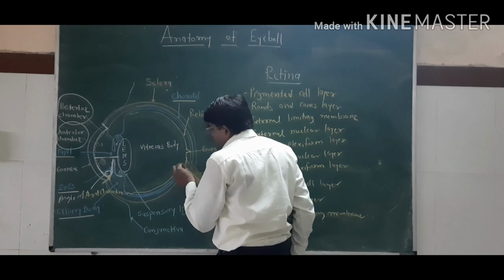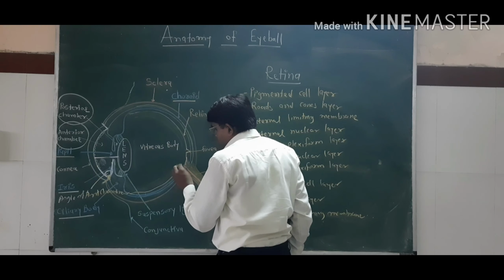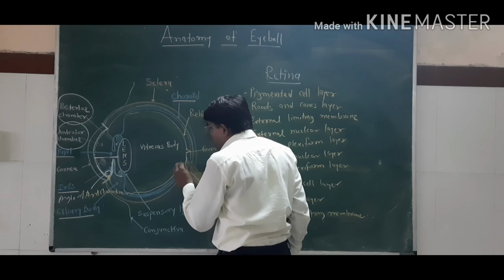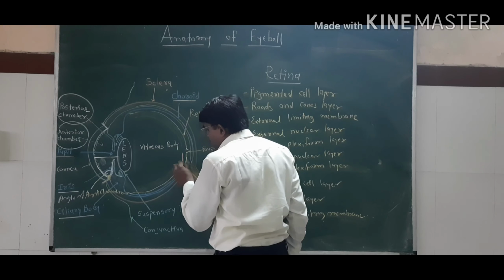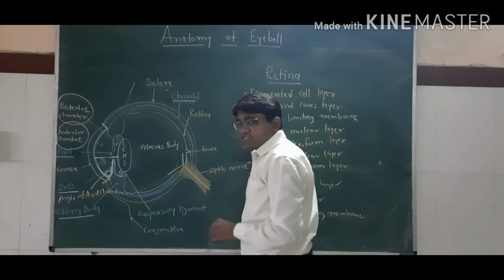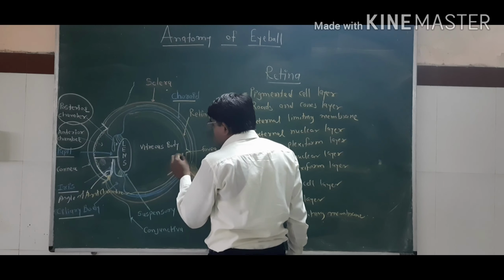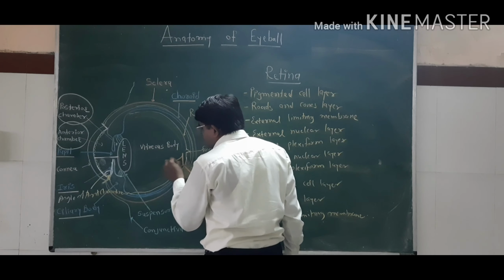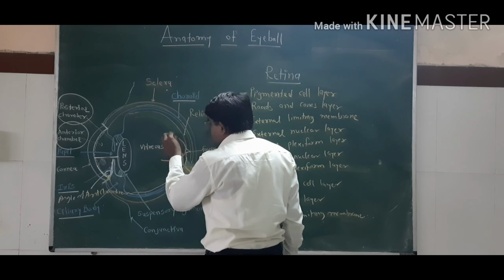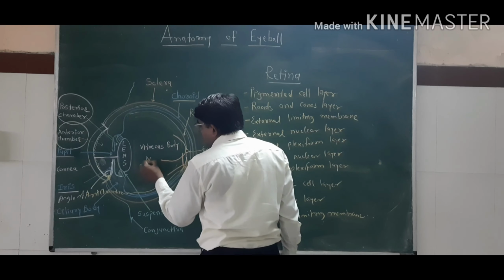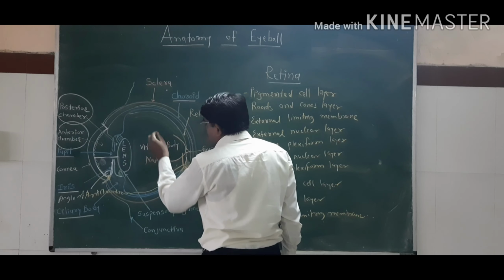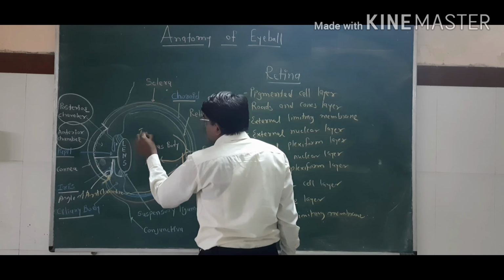Then at the optic disc it is divided into two parts: the superior branch and the inferior branch, and each branch has two branches: nasal and temporal.